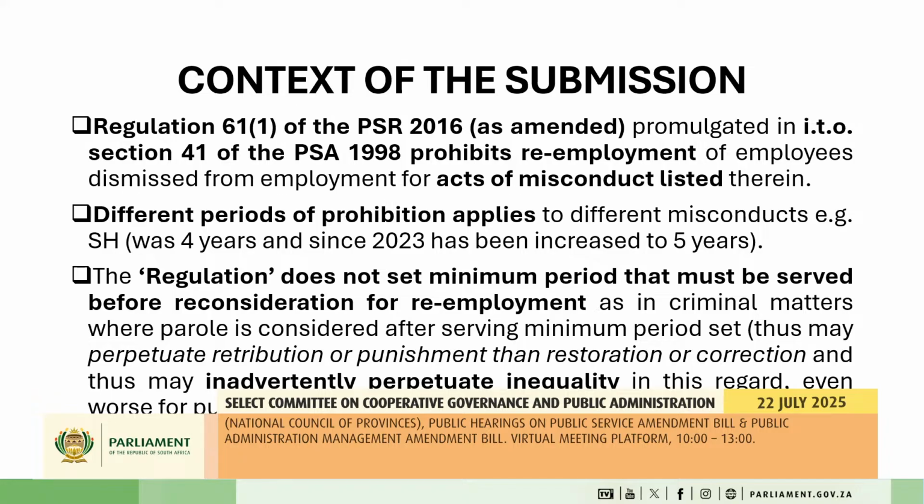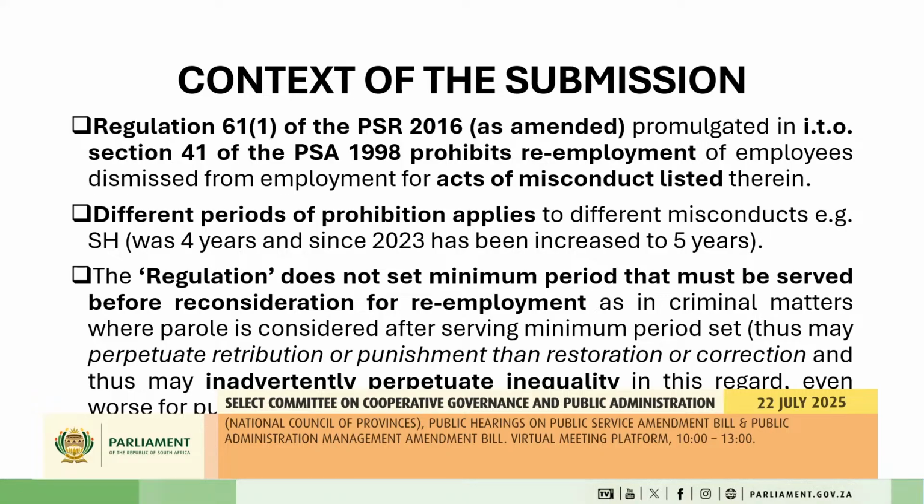So the context of the submission is that there is a regulation 61.1 of the Public Service Regulations of 2016 as amended in 2023, I believe, which was promulgated in terms of Section 41 of the Public Service Act, which prohibits the re-employment of employees dismissed from employment for acts of misconduct that are listed therein.